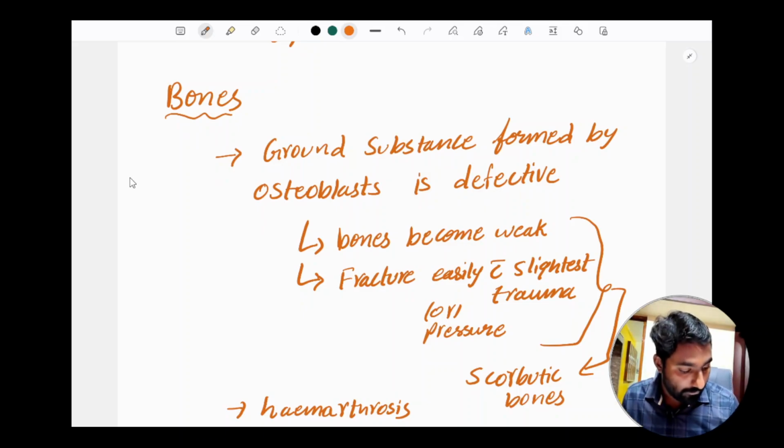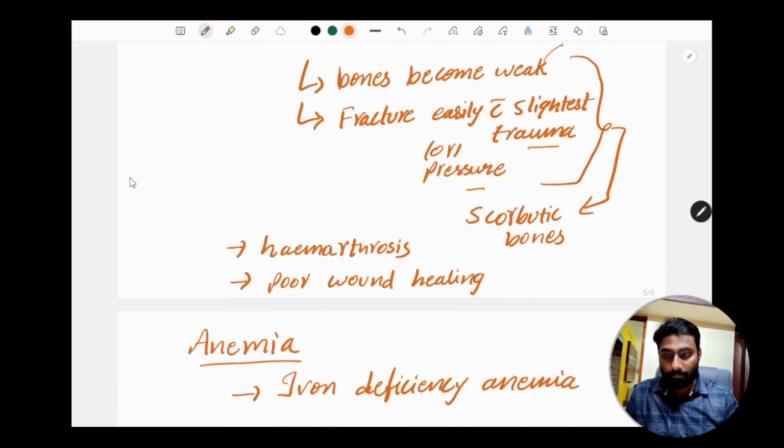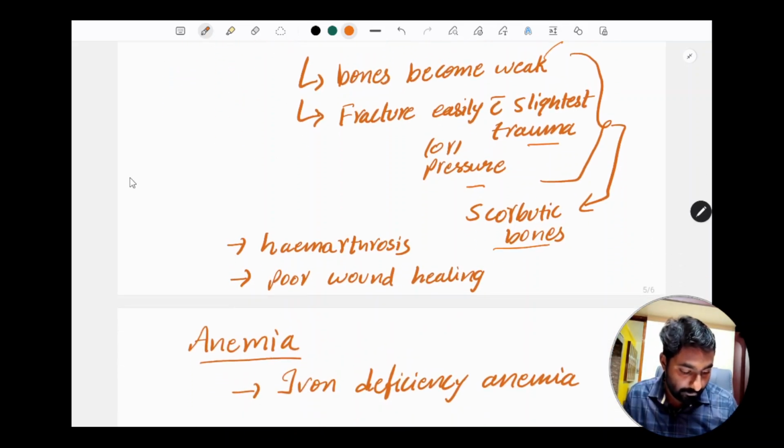The ground substance formed by osteoblasts is defective, so bones become weak and fracture easily with slight trauma or pressure. This type of bone is called scorbutic bone. Hemarthrosis means bleeding in the joints.